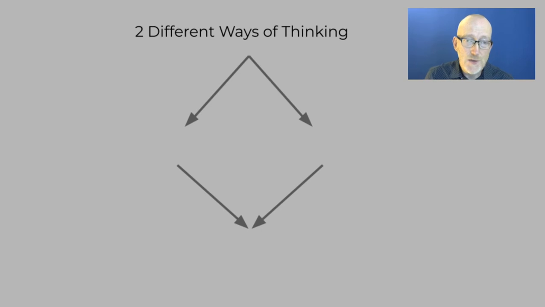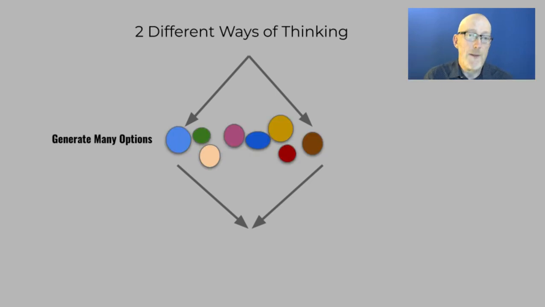Now, I want to talk about thinking. There are two different ways of thinking. There is the open style of thinking, where you generate many options or many possibilities without rejecting anything.